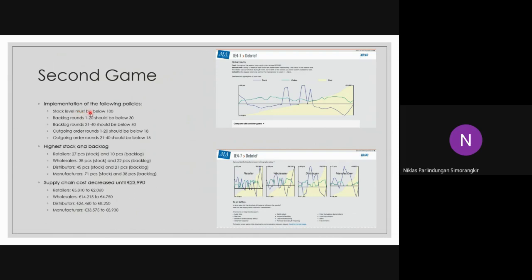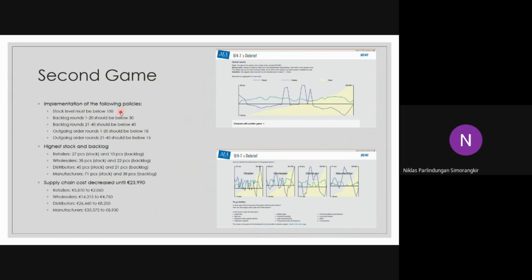For the backlog and the outgoing order, rounds 1 to 20 are different from rounds 20 to 40 because of the difficulties as time progresses. It becomes more and more difficult to limit the backlog. So eventually we have to make some concessions, which means that we have to make the differences here.